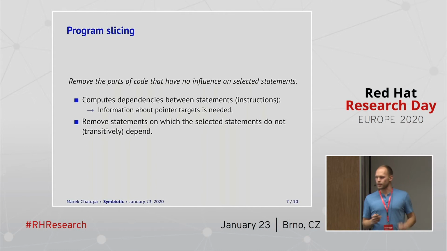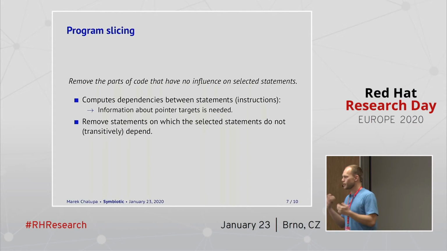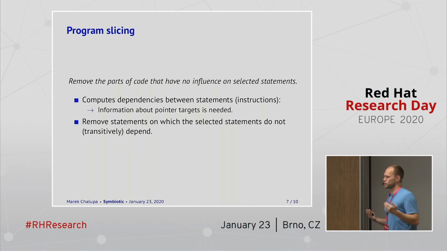The program slicing part is actually the main part, except for the symbolic execution, in Symbiotic. It is the part that removes the redundant code. To slice the program, you need to compute the dependencies between statements.